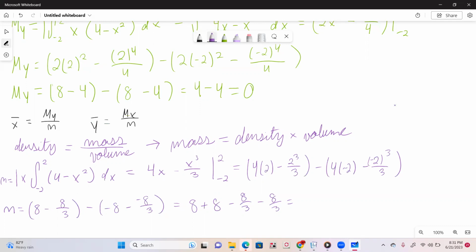So that is going to be equal to 32 over 3. So this is our mass. Cool.